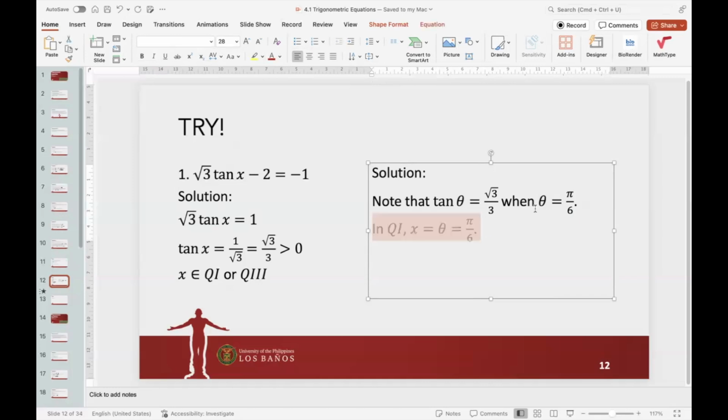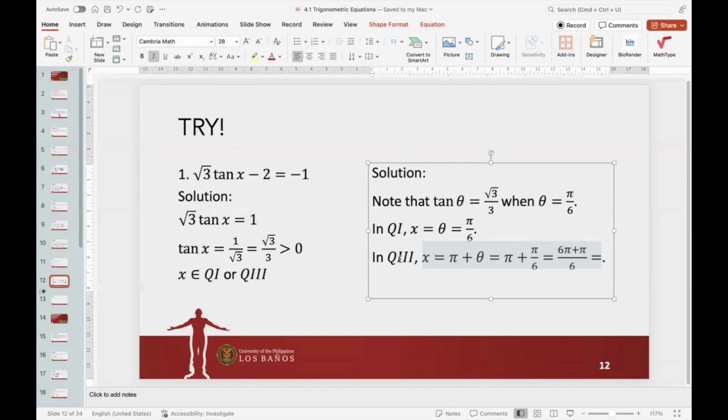Okay? And for the third quadrant, if you remember the formula, it's pi plus theta. So it follows that in the third quadrant, our answer will be pi plus our reference angle pi over 6. And this will give us 6 pi plus pi all over 6.